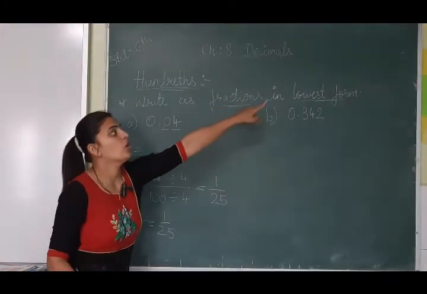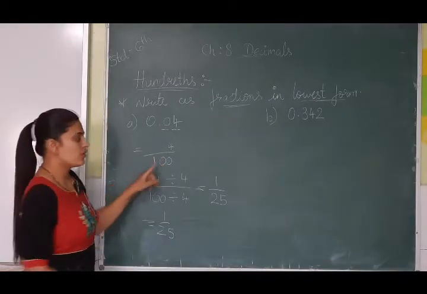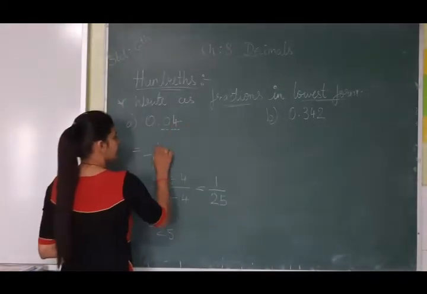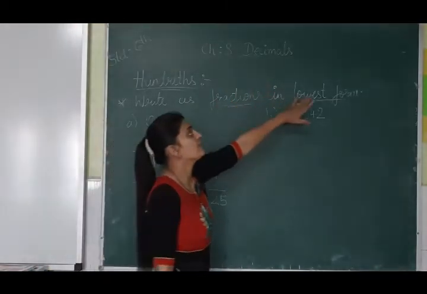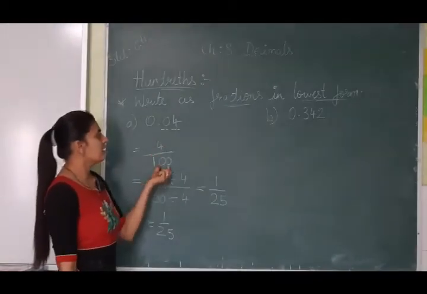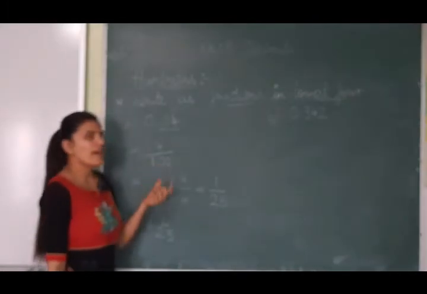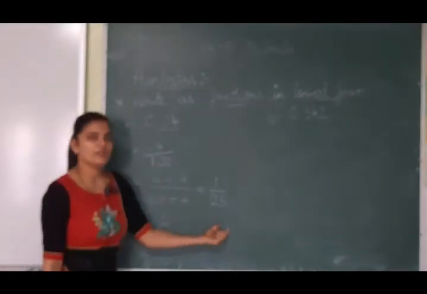So 0.04's fraction form in the lowest form will be 1 by 25. 4 by 100 is also a fraction, but we need the lowest form, which means we have to reduce it. The common factor is 4, so we can divide 4 and 100 by 4 and the answer will be 1 by 25.